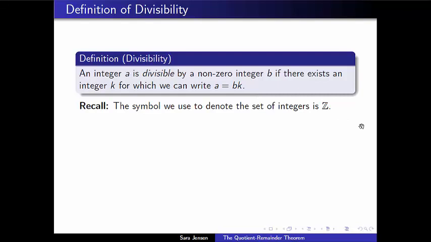And that again goes back to our example with the eggs. If I had 36 eggs and I wanted to know how many dozens that is, there wouldn't be any eggs left over when I do this division process. Another thing I want you to remember is that at some point when you were learning to write formal mathematics, you should have learned a handful of symbols for various sets that can be useful in a shorthand, so we don't have to write an integer, a non-zero integer, another integer.